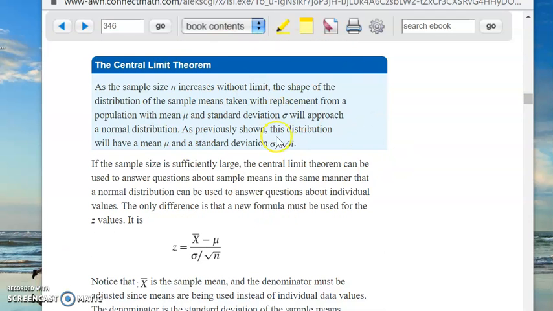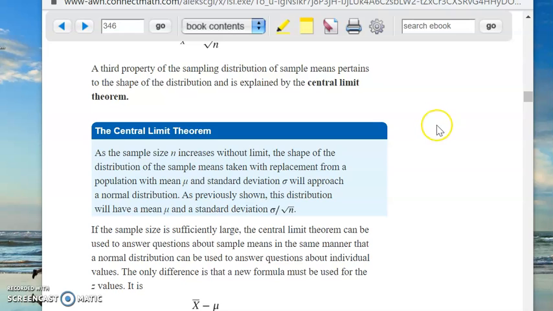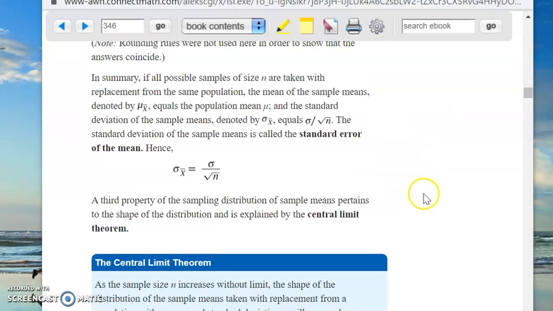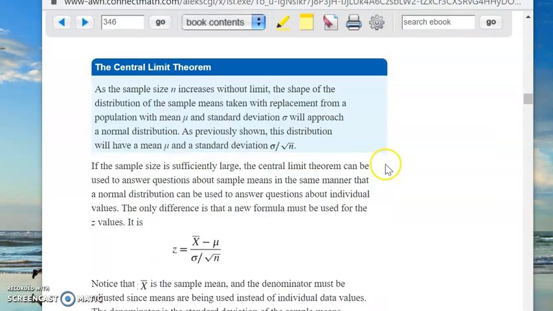So that's what he says right here, that all these x bars will approach a normal distribution, and this distribution of the means will have a mean of mu, numerically the same number as the population distribution, and it will have a standard deviation of sigma over the square root of n. So, it's just the way it is, okay? Beyond the scope of this class to prove that. So that's called the standard error of the mean.